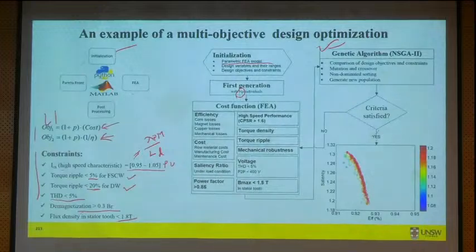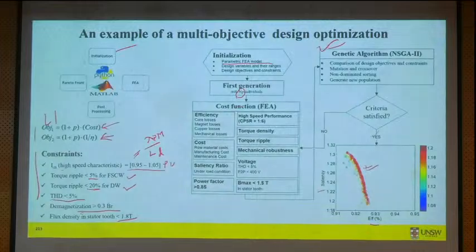Okay, and then we keep checking and storing the designs that are satisfying the criteria, and with that you will get a Pareto front. So all these dots that you are seeing here is actually a design, okay, actually a PMSM design, right? And you can see in this case we have done many things. So this figure is showing saliency versus efficiency.